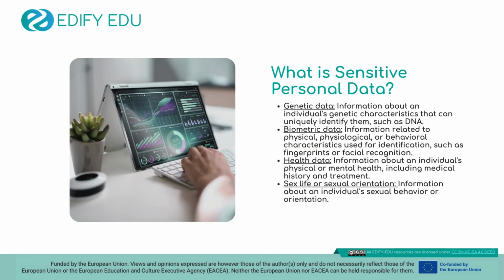Further examples of sensitive personal data include genetic data, biometric data used for identification purposes, health data, and information about an individual's sex life or orientation. Genetic data refers to information about an individual's genetic characteristics that can uniquely identify them, such as DNA.